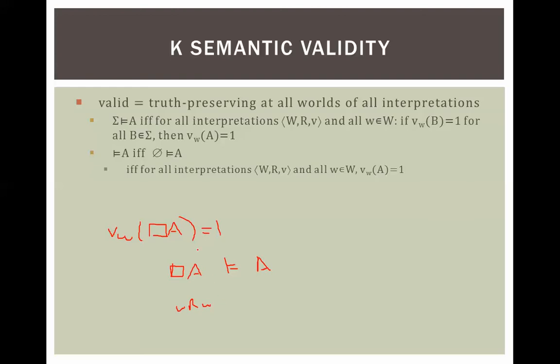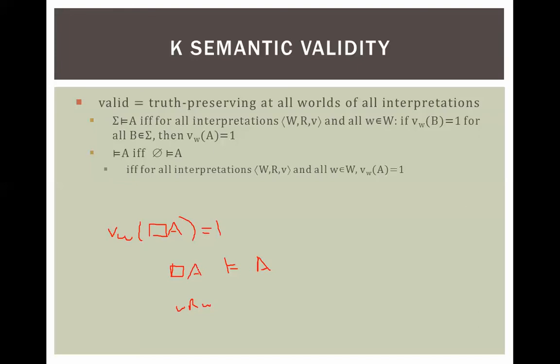Then this whole thing follows if there's no way that I can assign truth values to A where this becomes true and this becomes false. Let's say W only relates to itself.